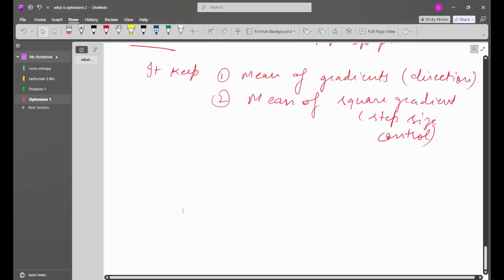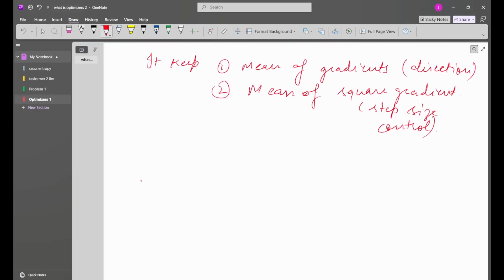So now let's look at the formula, the equation. Firstly, there is a momentum part: m equals beta 1 m plus 1 minus beta 1 gradient. The second is step size: v equals beta 2 v plus 1 minus beta 2 gradient square.